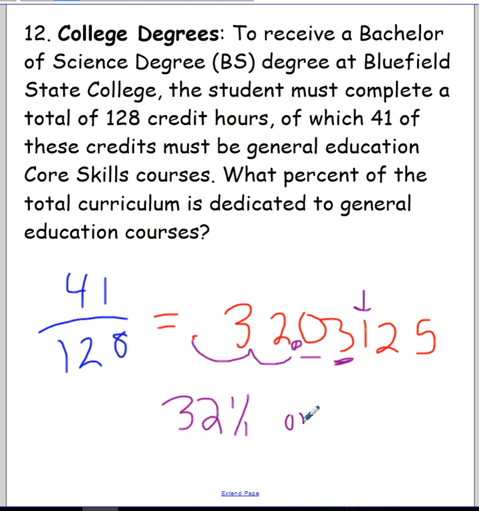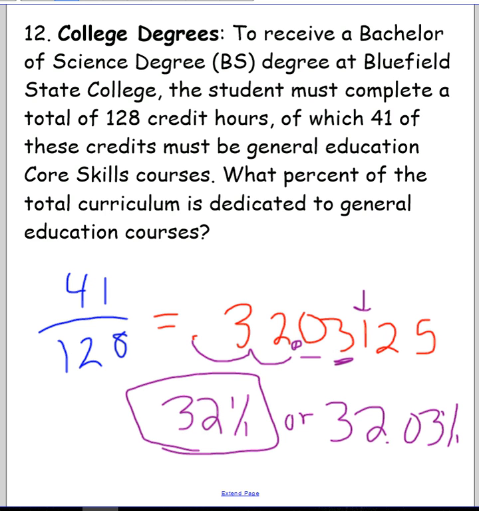Or if we want to be a little bit more specific, 32.03%. It didn't tell us specifically where to round, so if you want to round 1 decimal place or 2 decimal places, that's fine. I would probably stick with an answer of 32%.